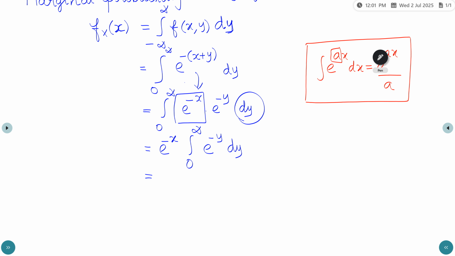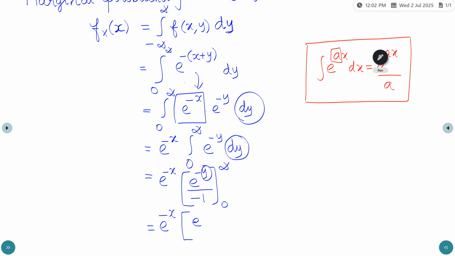So e power minus y integration value will be e power minus y divided by the coefficient of y, here minus 1, with upper limit infinity and lower limit 0. We need to substitute the upper and lower limits in place of y, because the integration is with respect to y. So e power minus infinity by minus 1 minus e power lower limit 0 by minus 1.